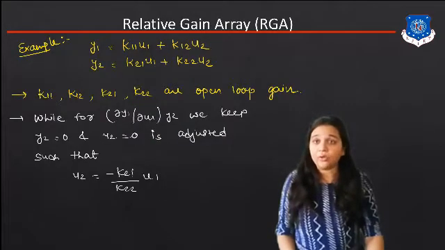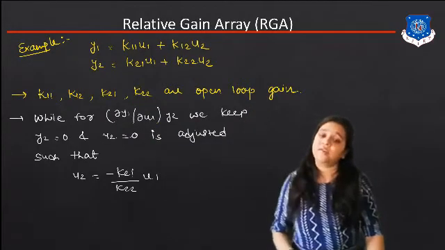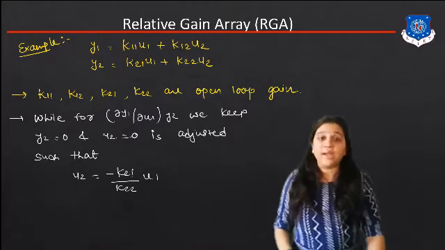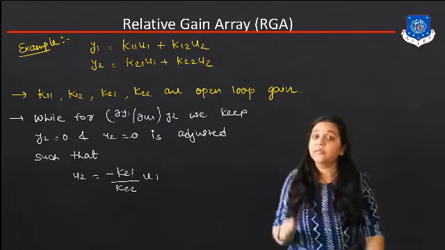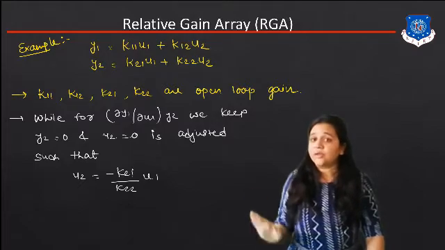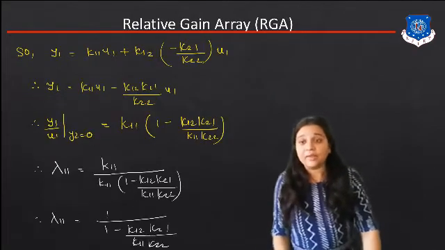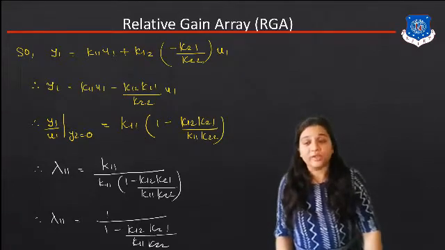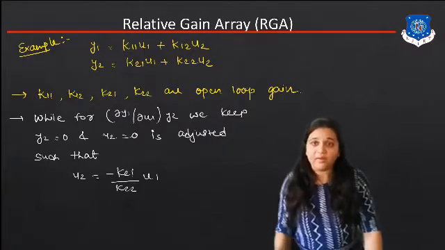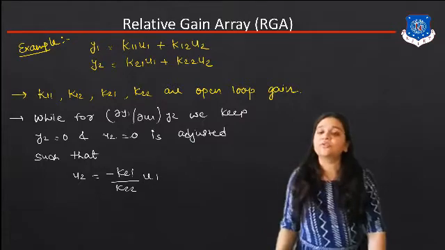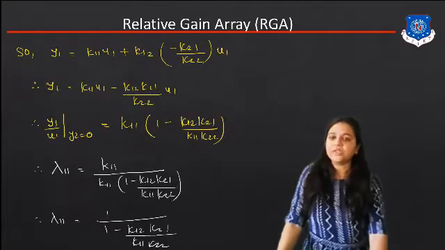The two equations and the open loop gains are given. We keep y2 equal to 0 and u2 equal to 0, so we can get the value of lambda 11. The same thing will be applied if we take y1 equal to 0 and u1 equal to 0.